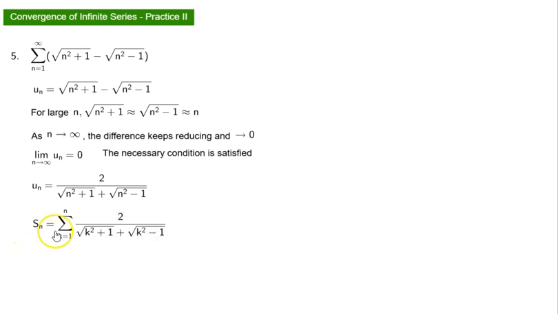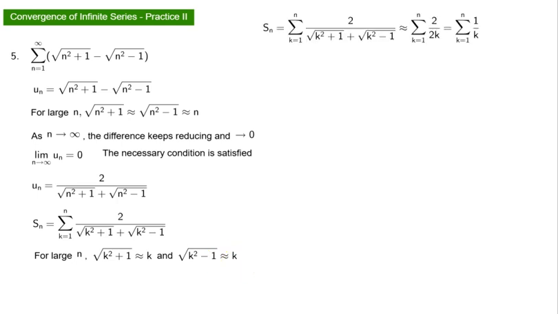The partial sum s sub n is equal to the summation k equal to 1 to n of 2 by square root of k square plus 1 plus square root of k square minus 1. For large n, same argument. For large n, square root of k square plus 1 is approximately equal to k, and square root of k square minus 1 is approximately equal to k.